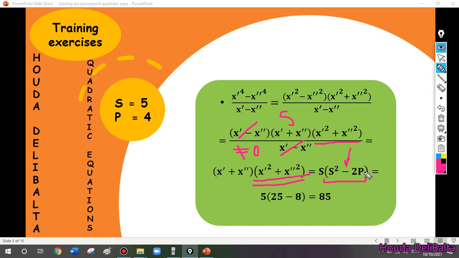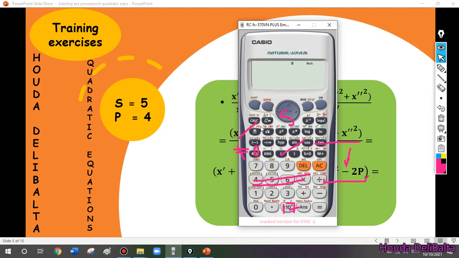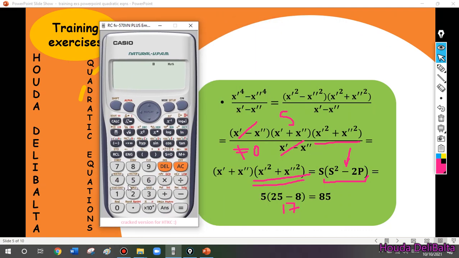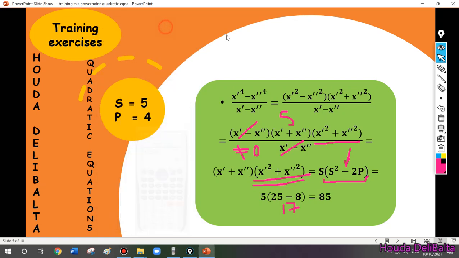And thus s into s squared minus 2p is 5 into 25, because s squared is 25, minus 2 into 4, minus 8. We can use the calculator, 5 into 25 minus 8, and here is the answer. It is 85. So that's according to this training exercise.